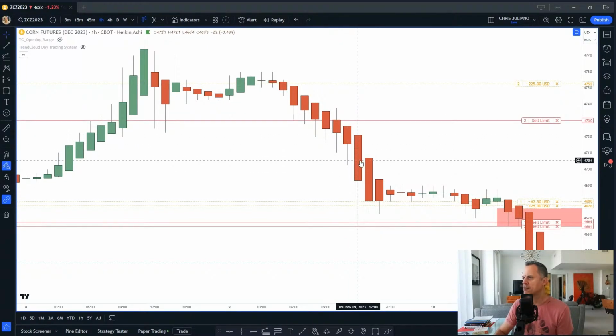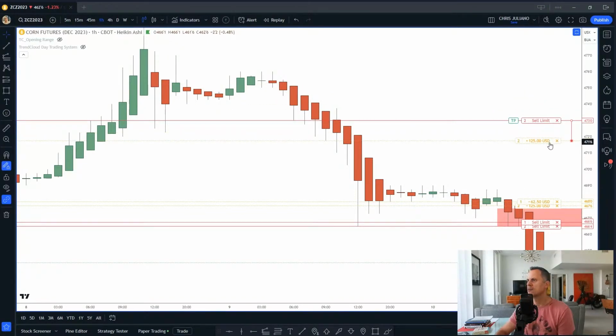Strong to the downside, strong to the downside, and here's those 2 wicks again, top and bottom wick. That would be your signal to get out.